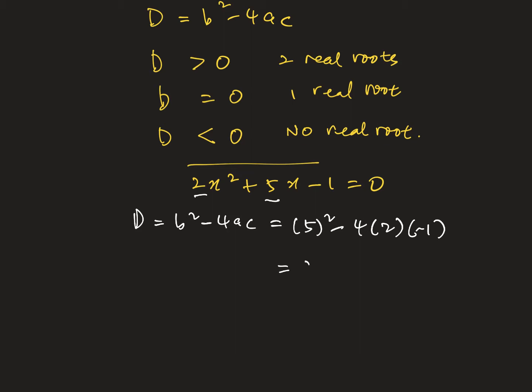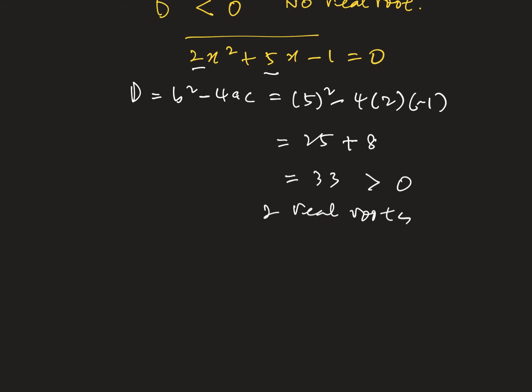This is equal to 25 plus 8, which is 33, and 33 is larger than 0. That's why this quadratic equation has two real roots.